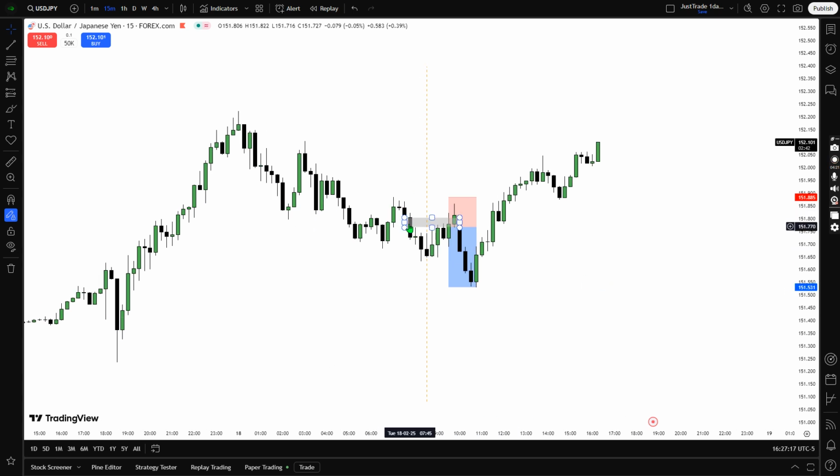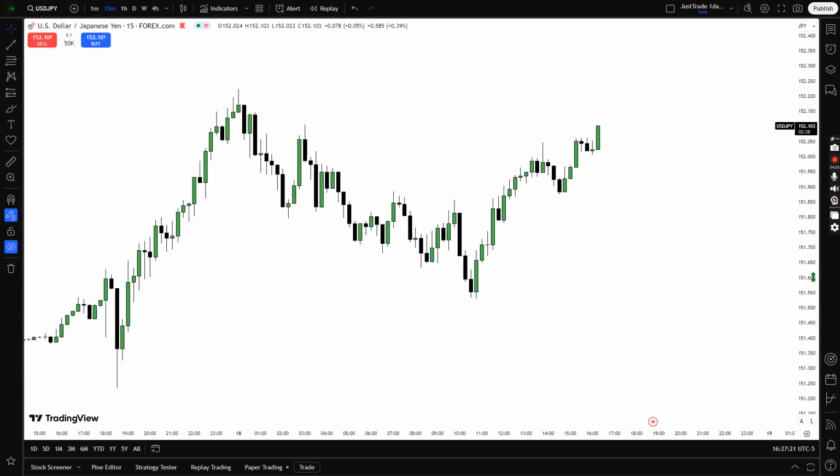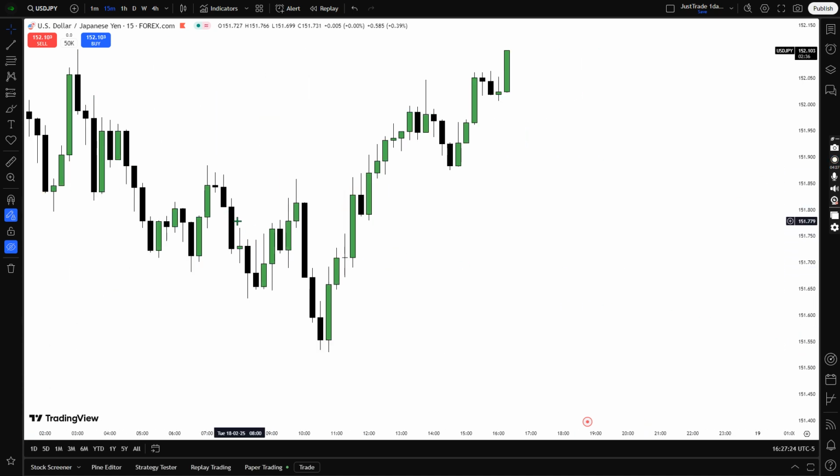As you see, we had a fair value gap right here. I'm going to take you through this. So we have this place of the candlestick which has not been covered. So we draw this rectangle from this low to this high, as we said before. So we had this entering the market at 8:30.